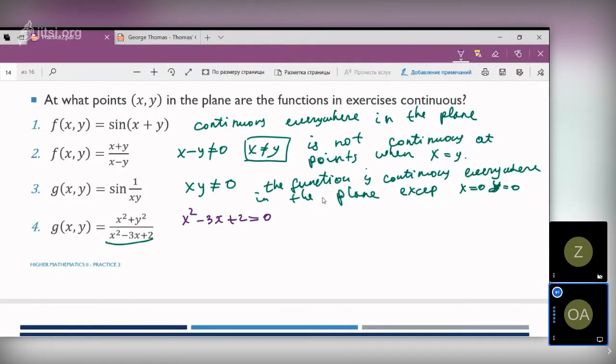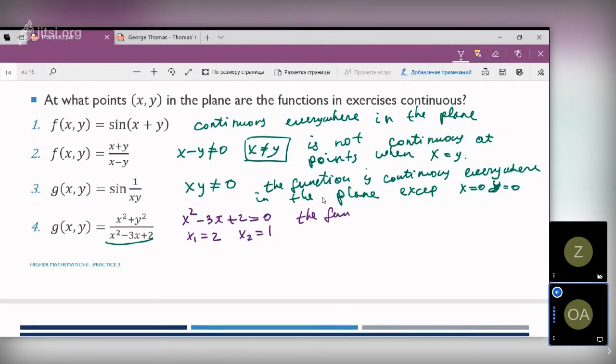So can we find its zeros? So x1 equals to how much? Number 2, x2 equals to number 1. So their sum becomes 3 positive. Their multiplication becomes number 2. Okay, that's correct. Yeah.